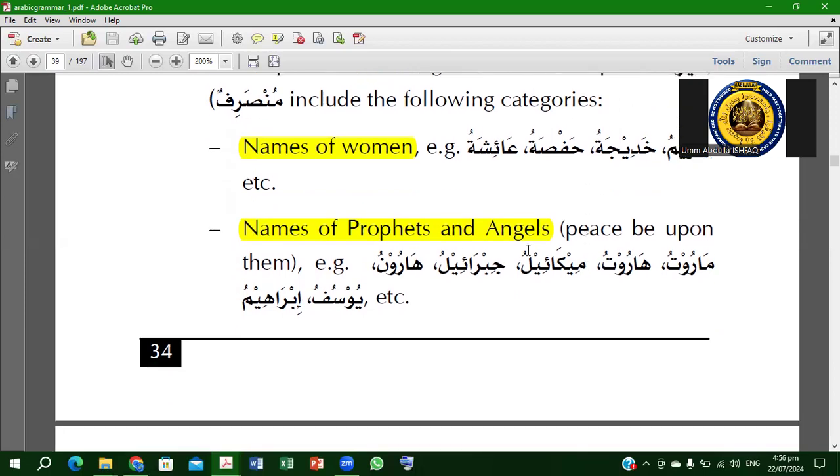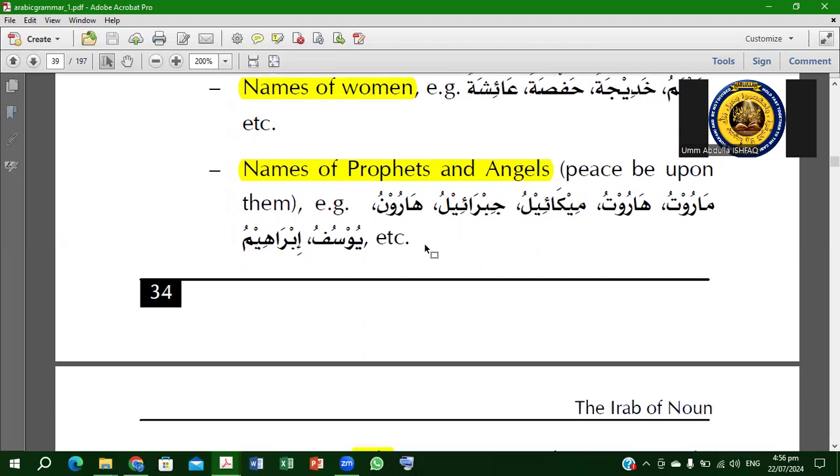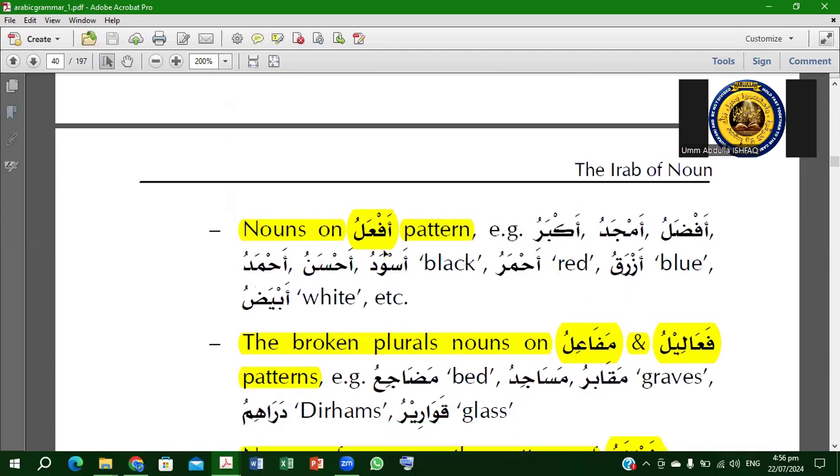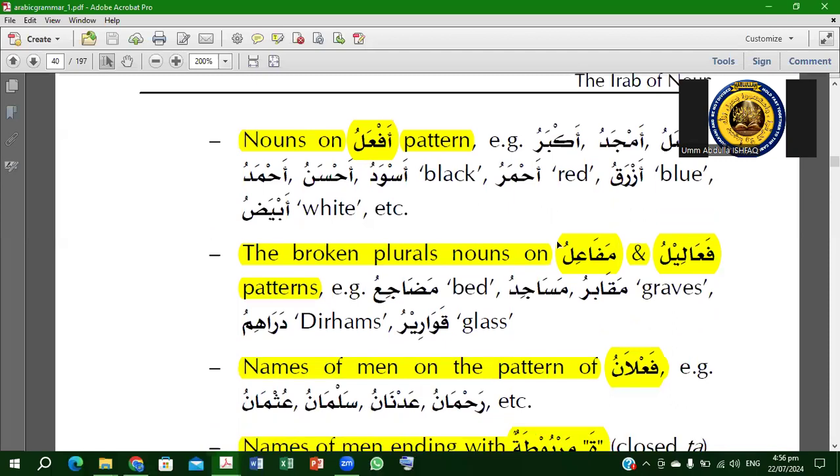The names of the prophets and angels mostly are partly flexible, and we call them non-Arab names, right? The nouns that are on the pattern of af'alu, yani afdalu, amjadu, akbaru, right? They are also partly flexible. It can never be akbarun, no, right?